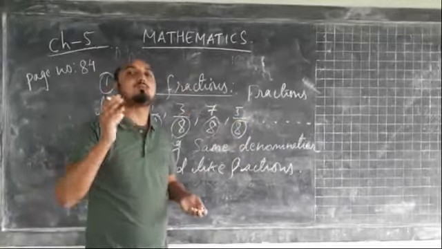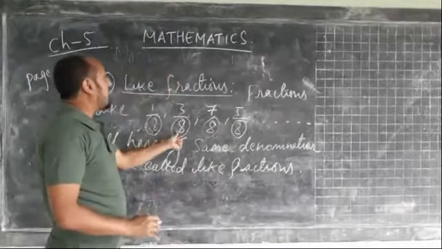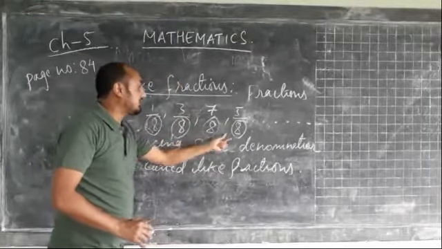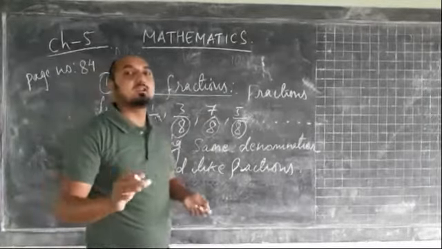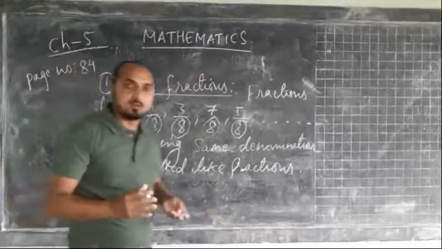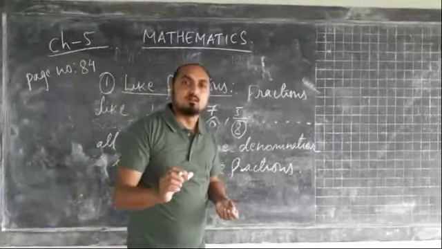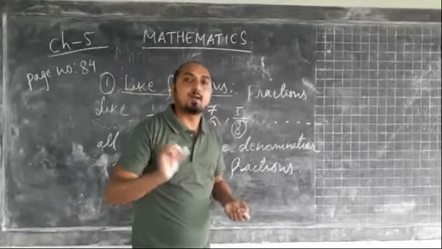So any type of fraction in which the denominators are same is called like fraction. Once again, fractions having all the denominators same are called like fractions.